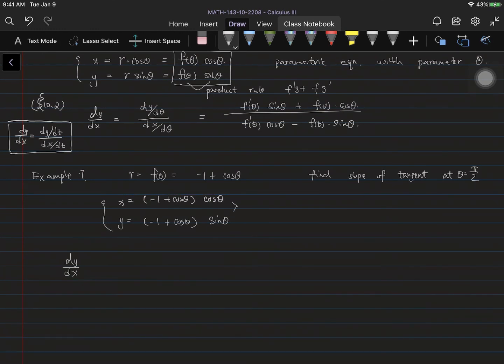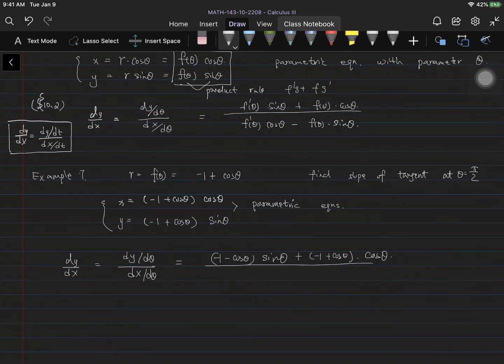We treat them as parametric equations. Okay, let's see, dy/dx, which is dy/d theta over dx/d theta, where the derivative of y should be -1 minus cosine theta times sine theta, f prime g plus f g prime.